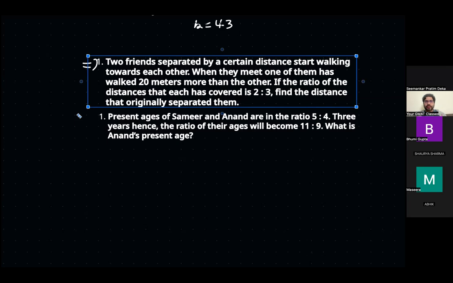Yes, Abhik, that's also correct. No, Rajat, that's not correct.